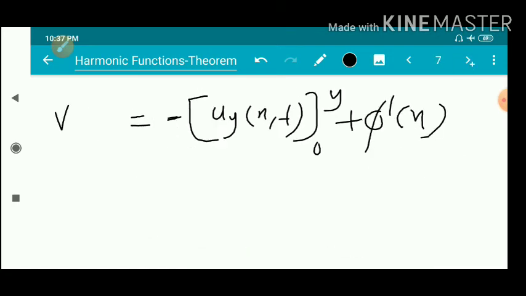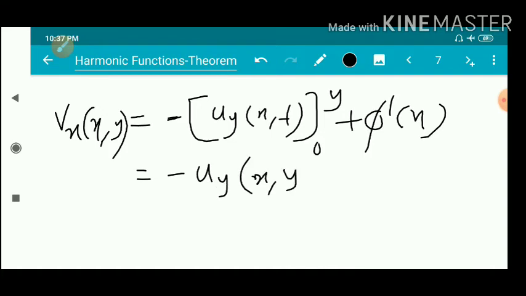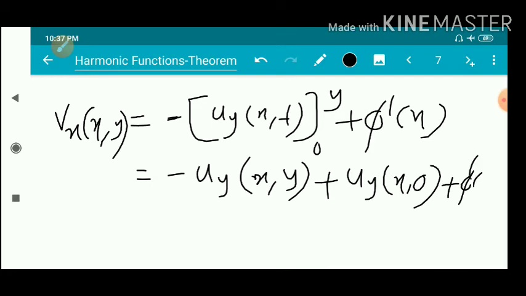The left side is vx of xy, so we get minus uy of xy minus minus plus uy of x0 plus phi dash of x.